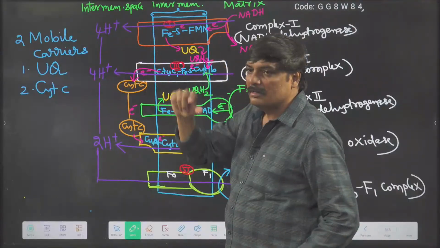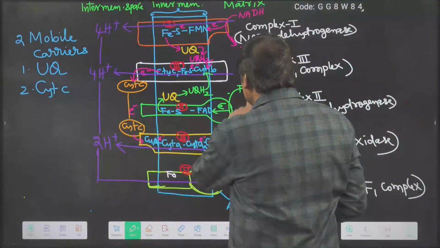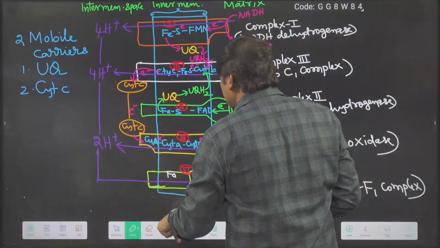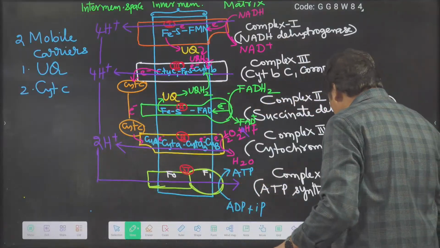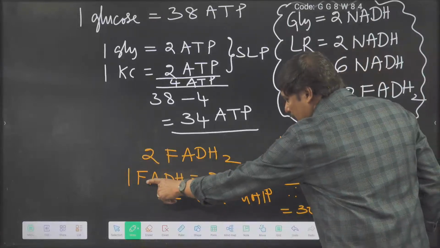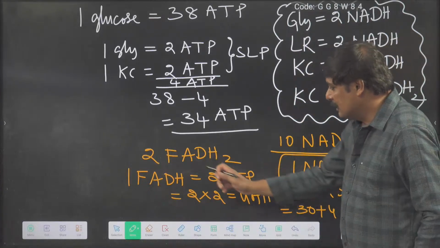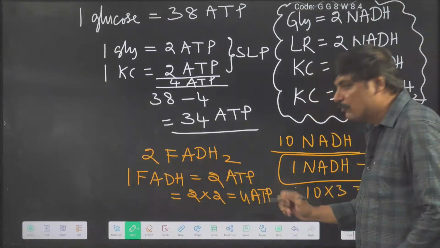Therefore, 4 protons are less. That means the energy efficiency of FADH2 is less. Only 4 plus 2, 6 protons are accumulated. From these 6 protons, the possible number of ATP is only 2. See, 1 FADH2 produces 2 ATP only. Like that, 2 FADH2 are formed. 2 into 2, 4 ATP.